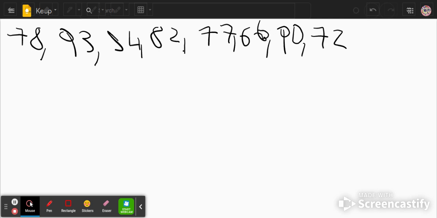We already established that the mean is equal to sum divided by num.